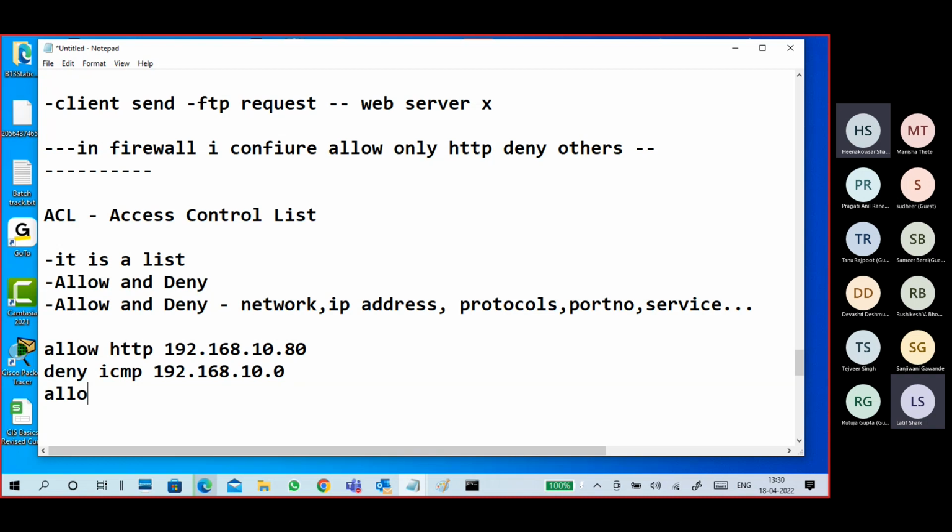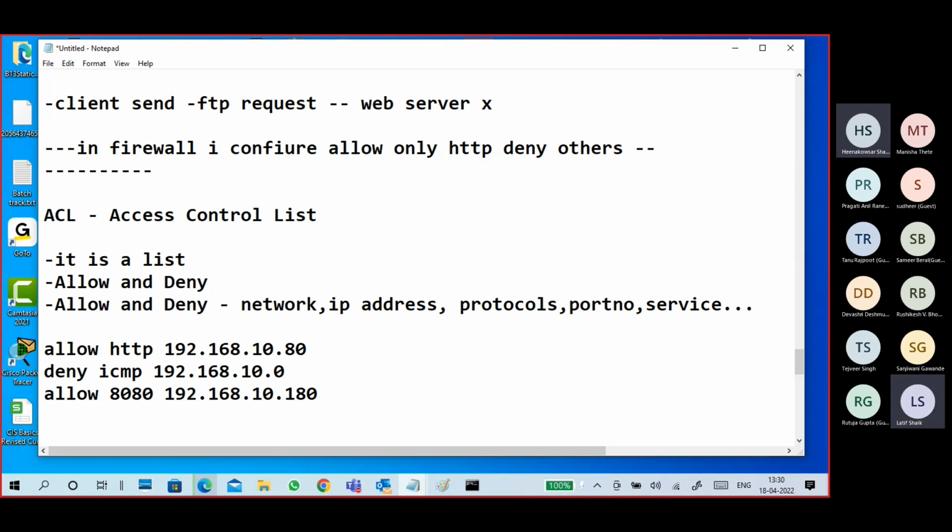For example, allow port number 8080, which means you want to access a certain server. For example, I have another server, and I want to access this particular server with port number 8080.